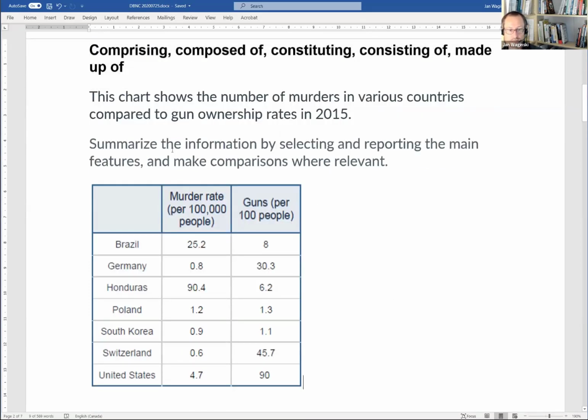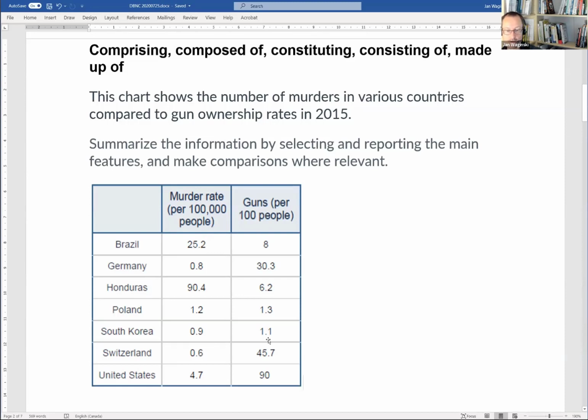This chart shows the number of murders in various countries compared to gun ownership rates in 2015. So you've got these murder rates per 100,000 people. Now you've got a high of 90 in Honduras, down to a low of 0.6 in Switzerland.